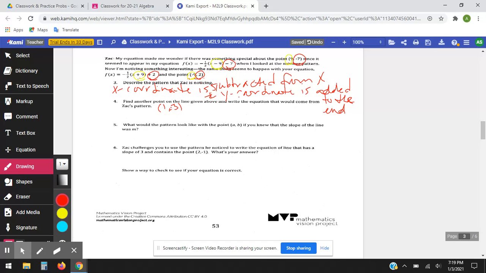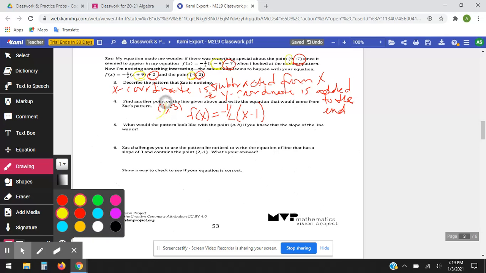See my negative there. That is not showing up. There we go. And so if I follow that pattern, I should have f of x equals, so then my slope is negative half. Then I'm going to do x minus 1, because that's my x right here, minus 1. And then I'm going to add a negative 3 on the end, or subtract 3.